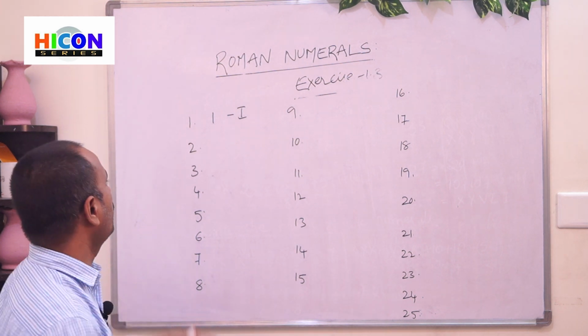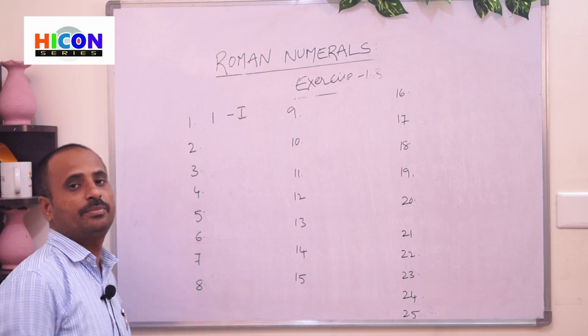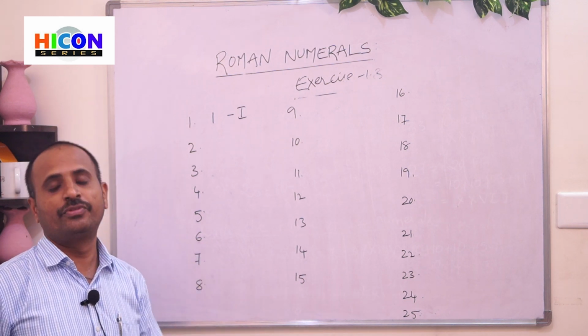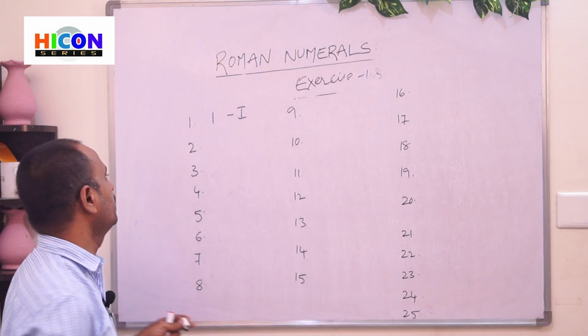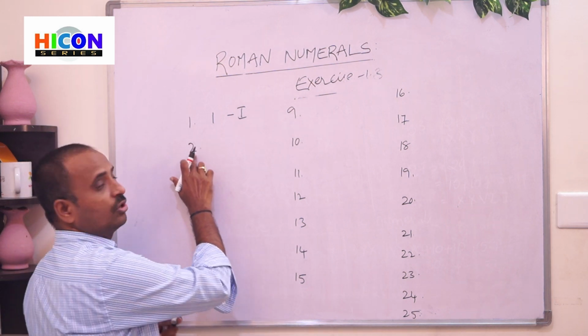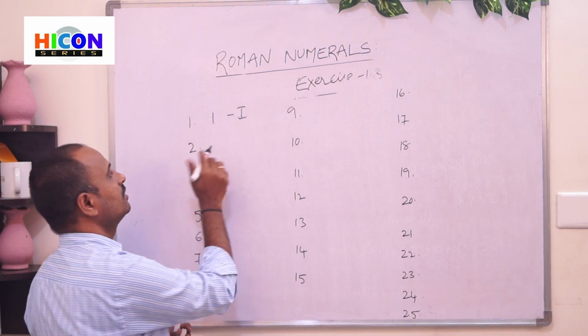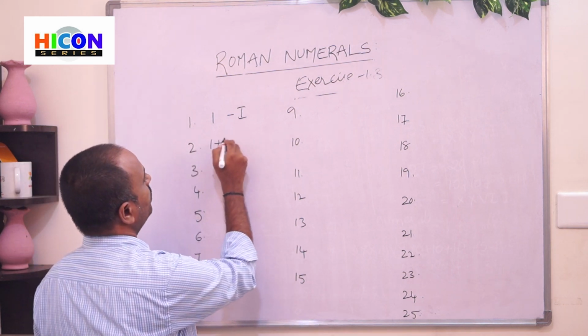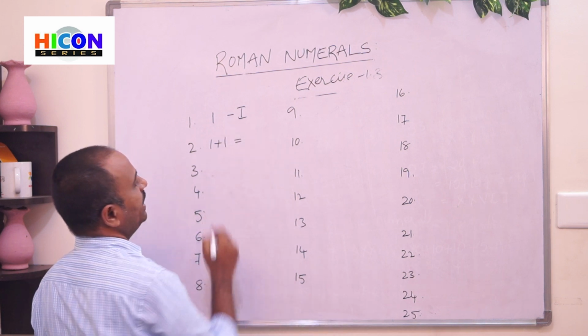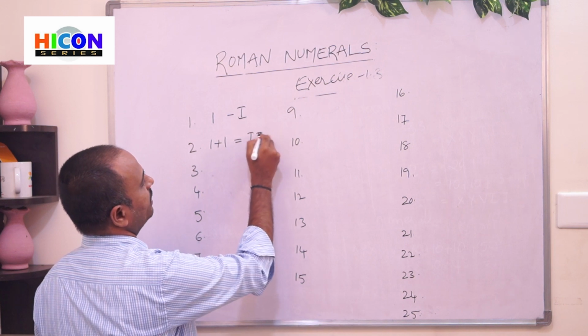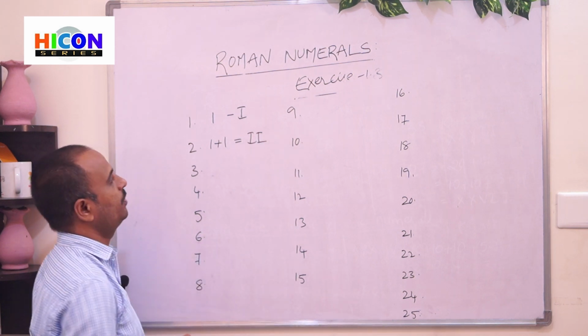That's why we have to convert these Hindu-Arabic numbers into ones, fives, tens, 50s, hundreds. So there is no 2 in the Roman numeral. That's why we have to convert this 2 into ones. That is, 2 can be written as 1 plus 1, and it becomes I and another I. So this is the Roman numeral.